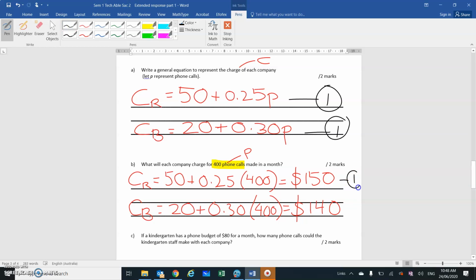Don't forget to put dollar signs. Because C_R, C_B probably doesn't mean too much, we should write it in a worded sentence. Last line, say the red phone company will be $150 and the black phone company will be $140.